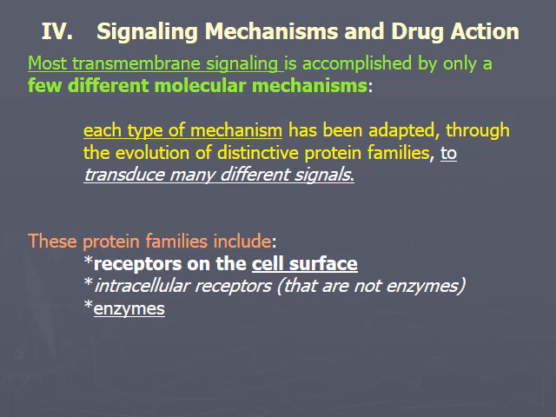And so we're going to spend some time on them today, talking about signal transduction, realizing that most receptors are proteins for reasons we've already discussed, for the very large diversity of amino acids and how they can be arranged as peptides. And so we have cell surface receptors, intracellular receptors, and inside this category, we have intracellular receptors which are enzymes, or intracellular receptors that are not enzymes. So we'll spend some time talking about them today as well.